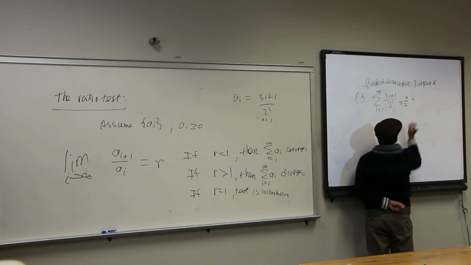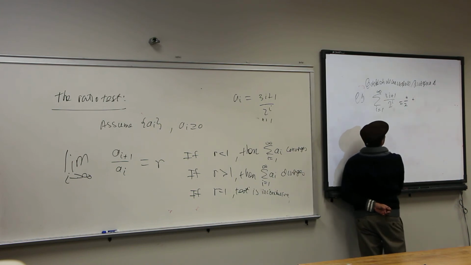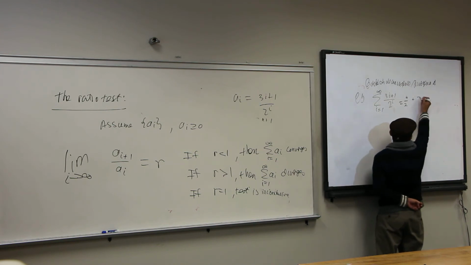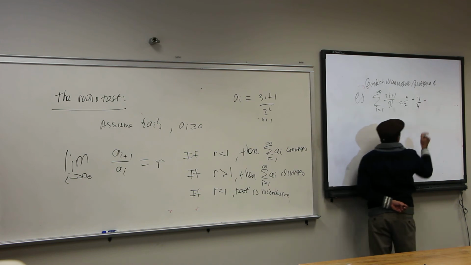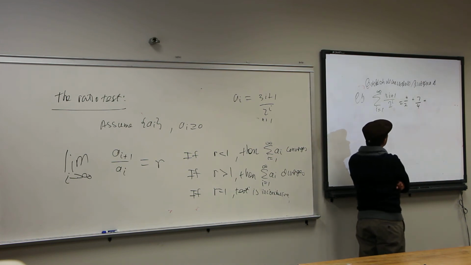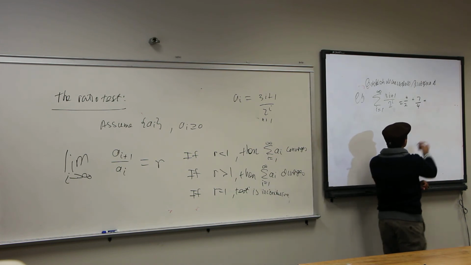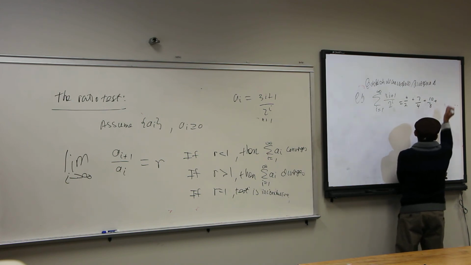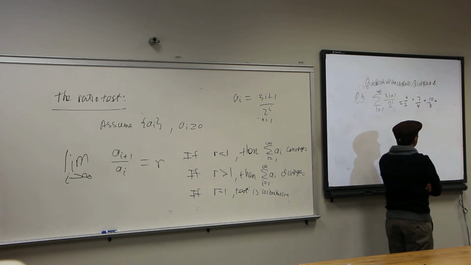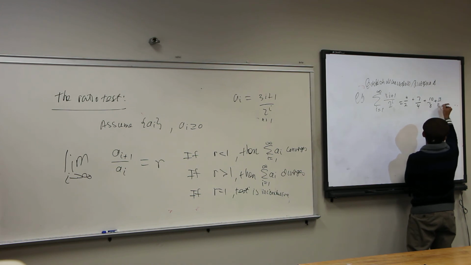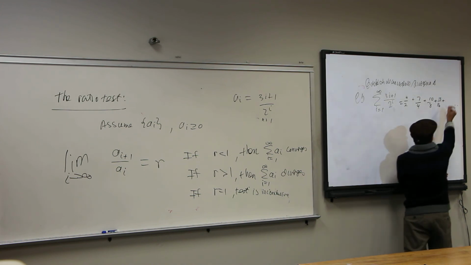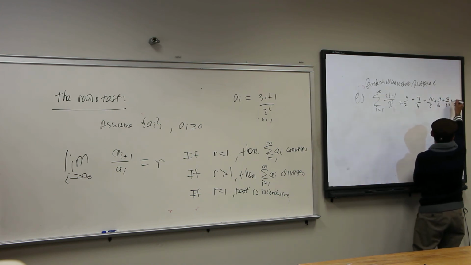The next one, 7 over 4. And the next one, 10 over 8. And the next one, 13 over 16. Mr. Harris, are you convinced this is not a geometric series? Yes. Thank you.